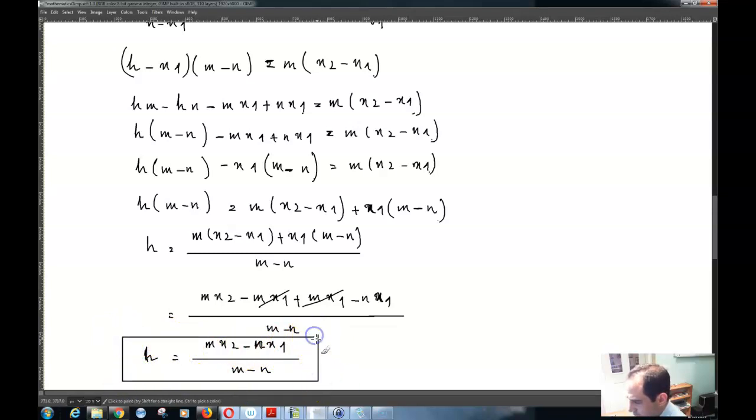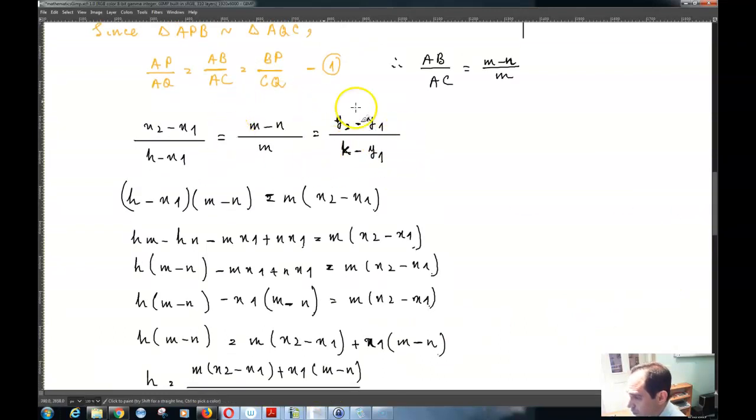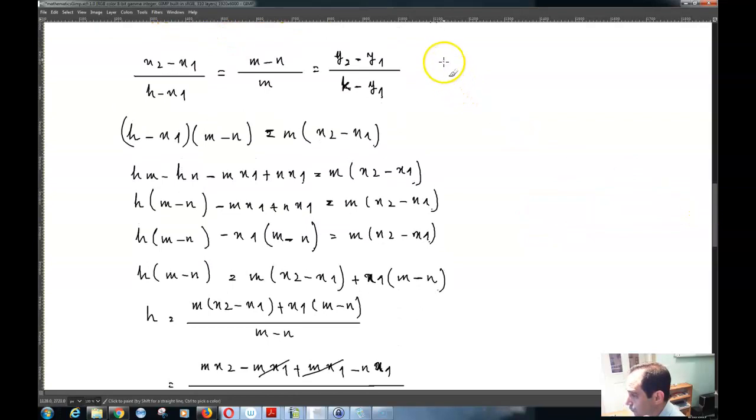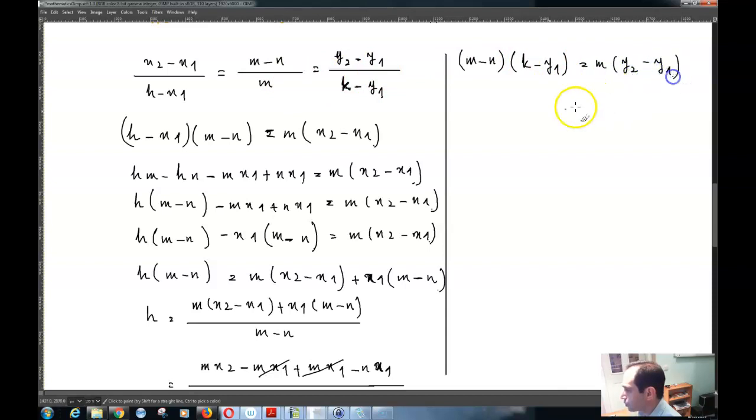And in the same way, you can derive this part. If you rewrite this equation over here, you can rewrite your k, which is pretty straightforward. We can do that as well. So if you cross multiply, you'll get (m minus n) times (k minus y1) is equal to m times (y2 minus y1).